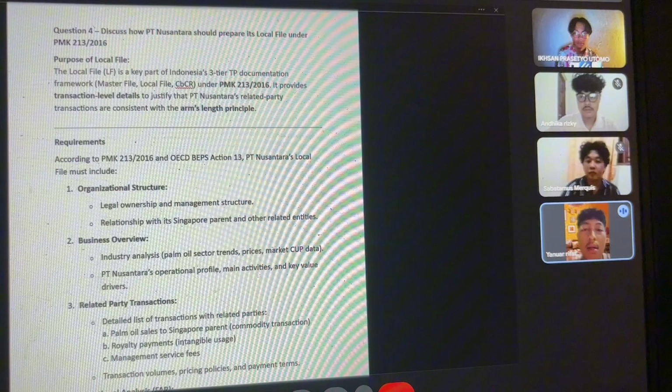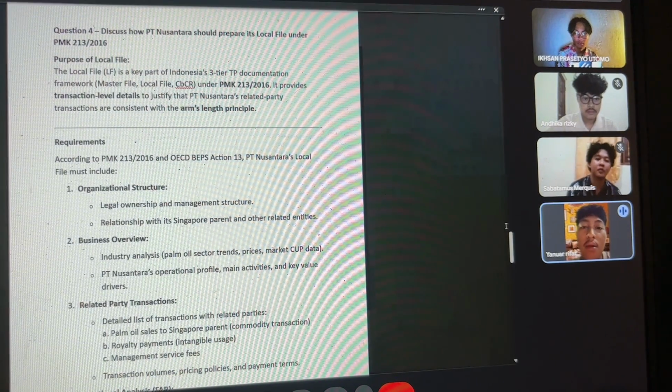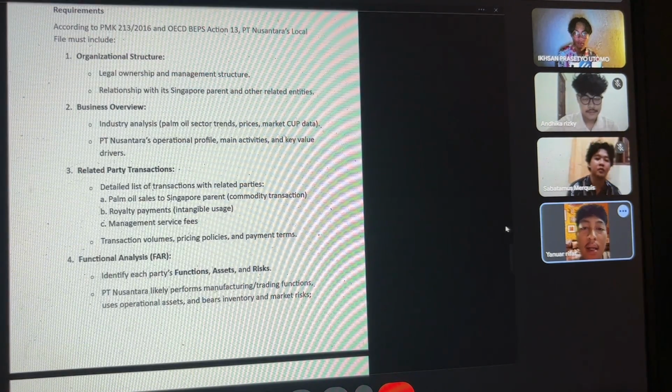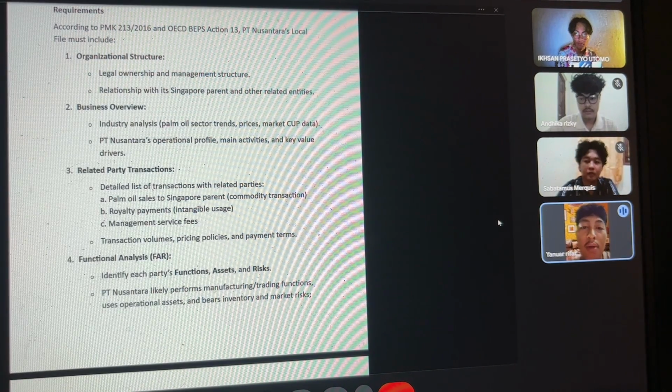And the answer, according to PMK nomor 213 tahun 2016 and OECD BEPS Action nomor 13, PT Nusantara's local file must include number 1, organizational structure: point 1, the legal ownership and management structure, and point 2, relationship with its Singapore parent and other related entities.